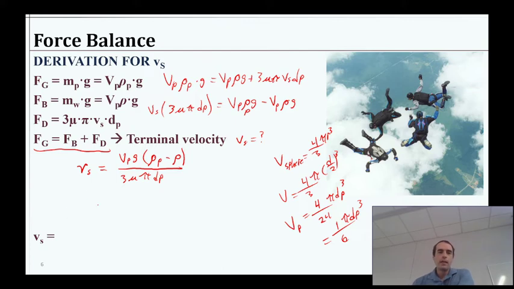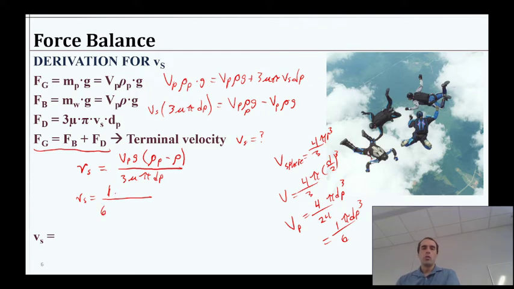Okay, so then the last simplification, we will essentially insert that term instead of volume here. So we'll say our settling velocity is equal to, and I'm just going to go ahead and write it 1/6 pi dp cubed, the volume term here. It's just multiplying across the whole thing.